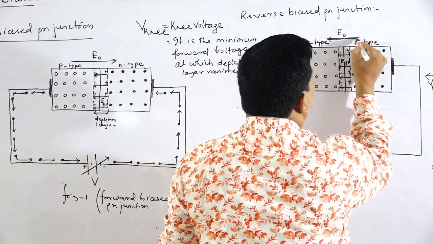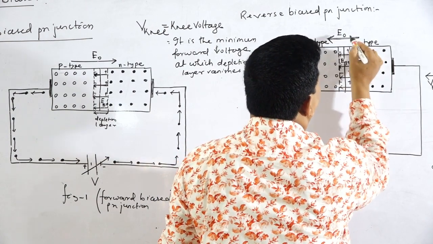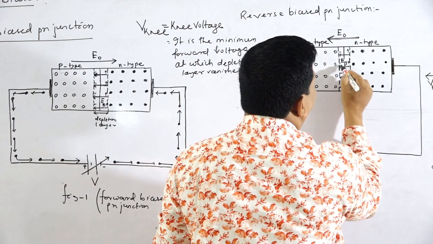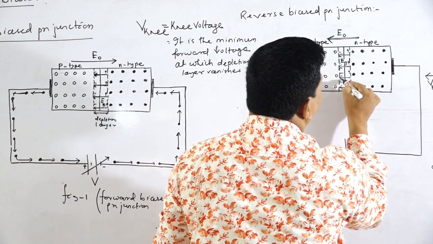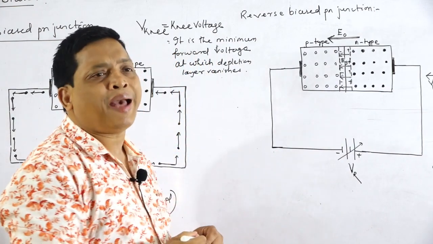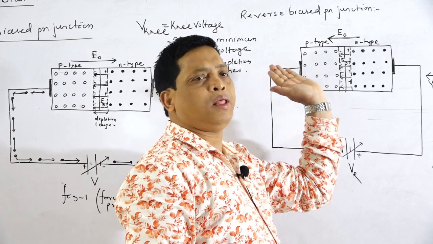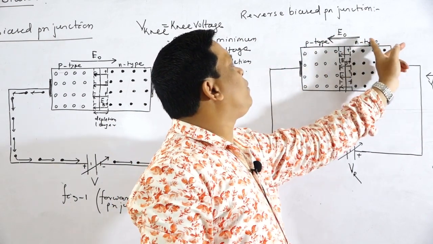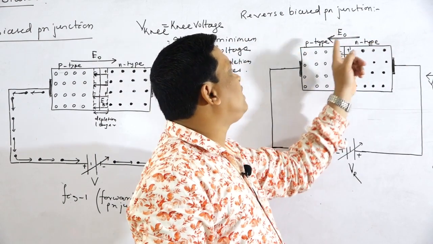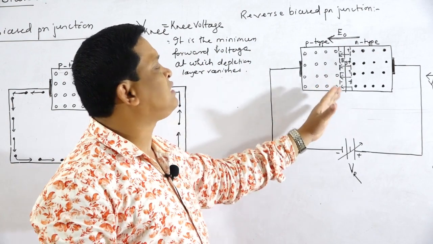Because of this reverse voltage, the applied electric field E naught is parallel to the barrier field. As you know, the barrier field is always directed from n material to p material, and here the applied electric field E naught is directed from n material to p material. That means both the applied field and the barrier field are in the same direction.